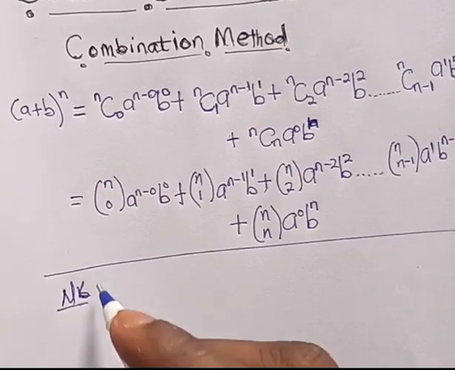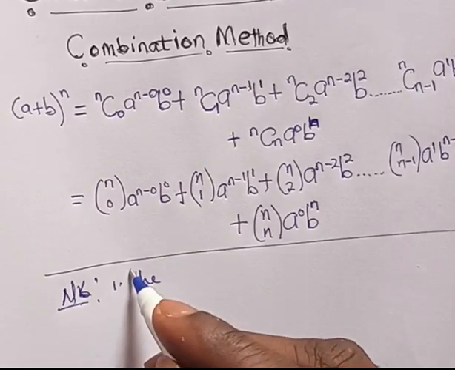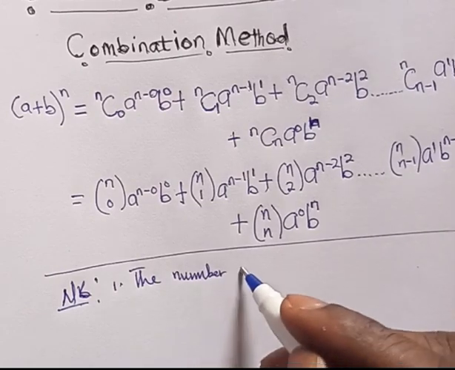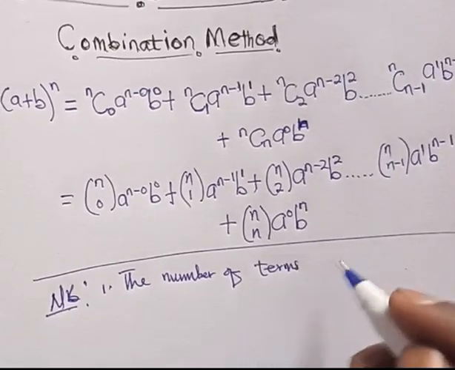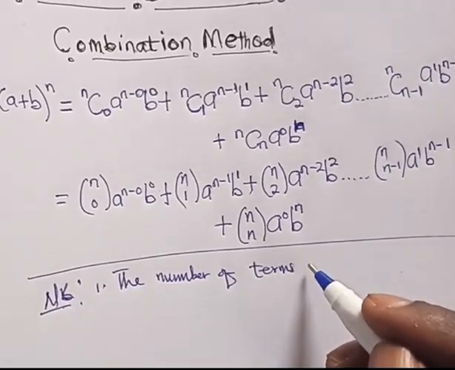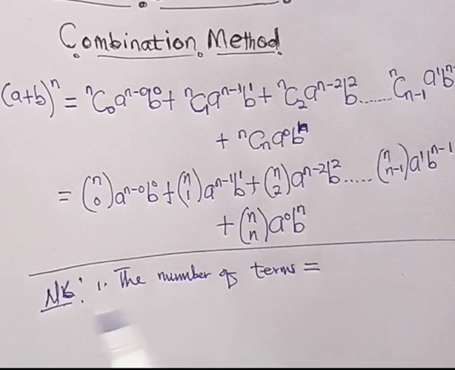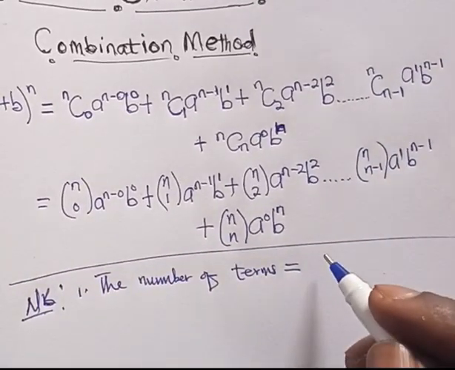Note the following. The number of terms of the expansion is determined by increasing the exponent here by 1.